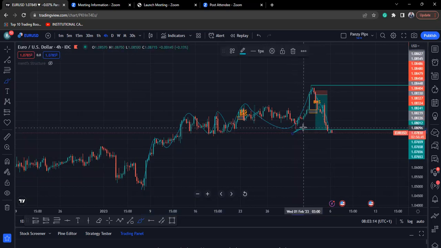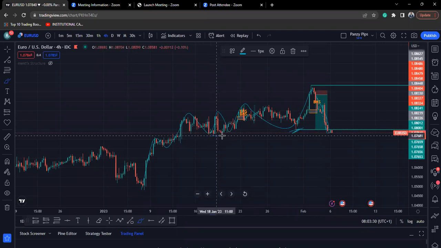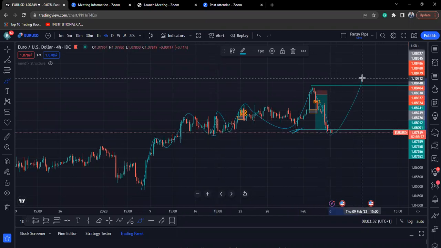So possibly this is the market coming to grab liquidity, what they will call, what's it called again? The expansion. No. Okay, the market might just come to grab liquidity below this low, possibly targets these lows, and then turn up and move all the way up.